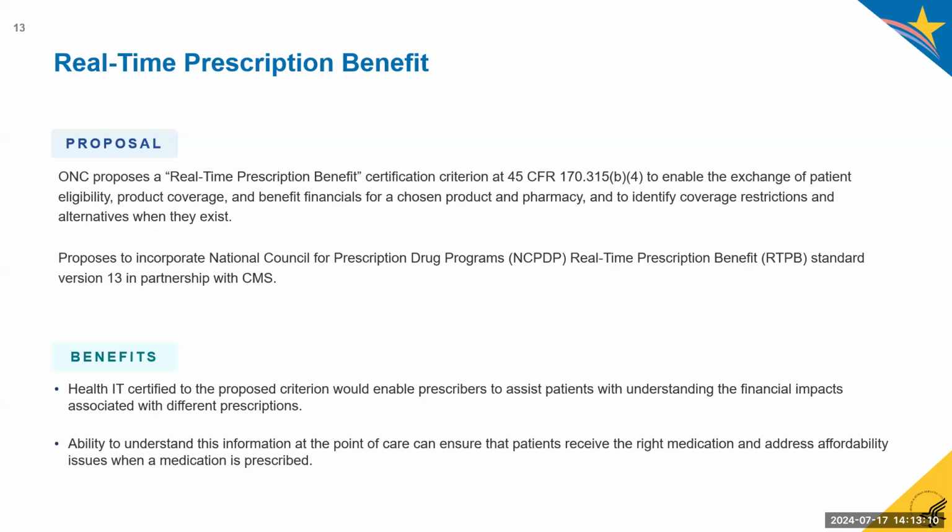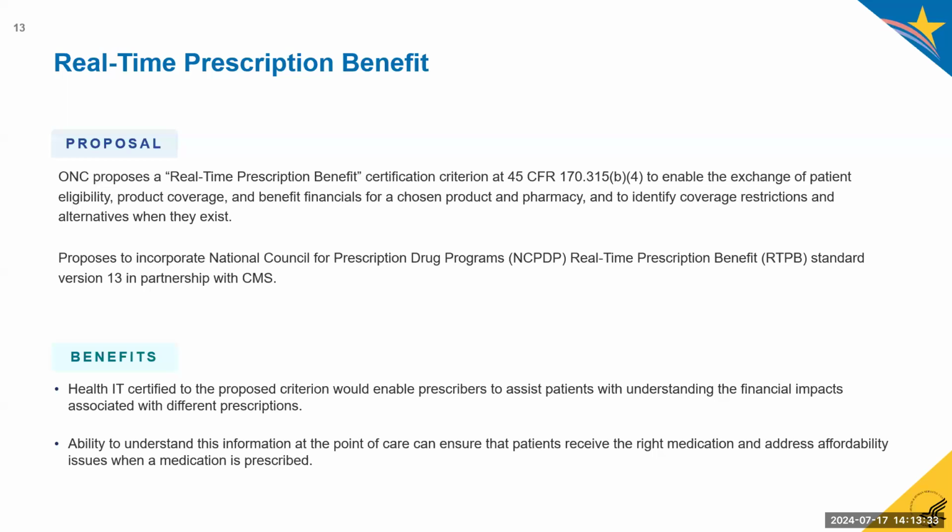And then finally, in new criteria, we have a real-time prescription benefit certification criteria that we are proposing to enable exchange of patient eligibility, medication coverage, benefits for different medications and pharmacies, identification of coverage restrictions where they exist.